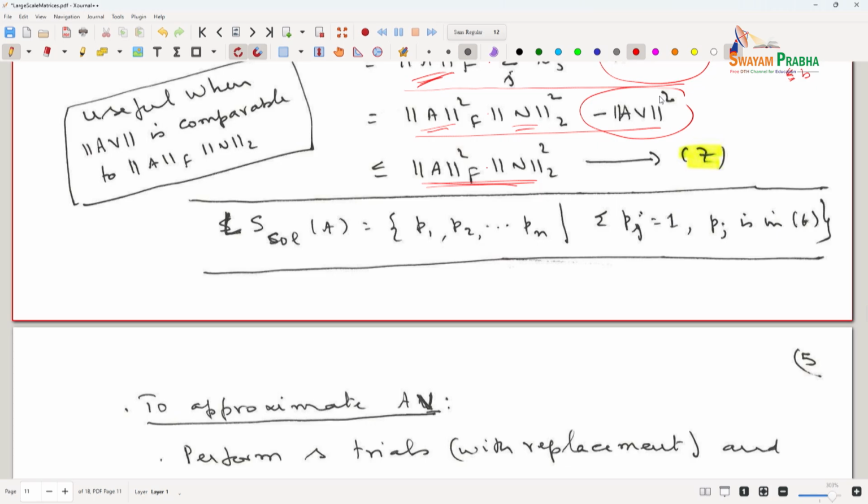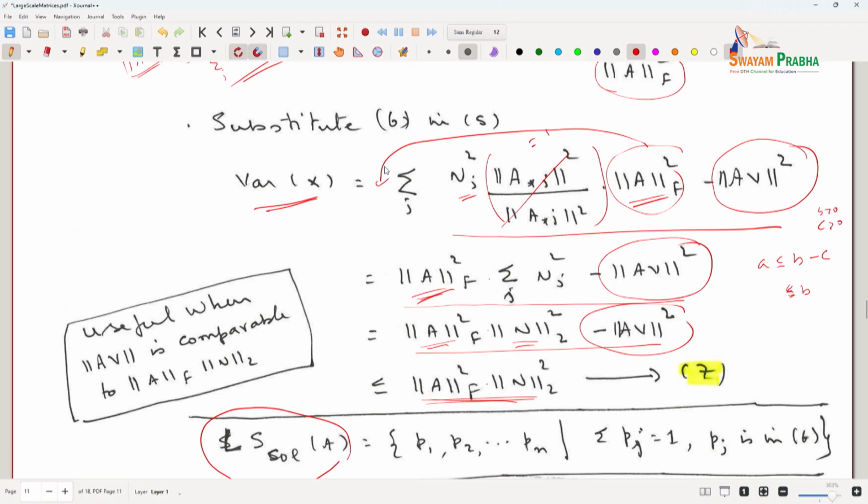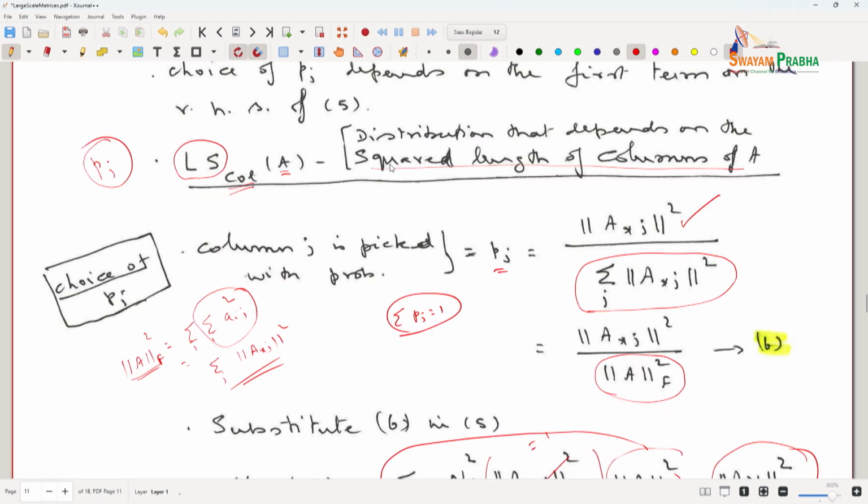Therefore, what is the selection probability? The selection probability is the LS column of A. What is that? This is the best estimate of the distribution for picking the columns of A. So, this is the distribution that depends on the squared length of the column. Squared length is called length squared, LS.